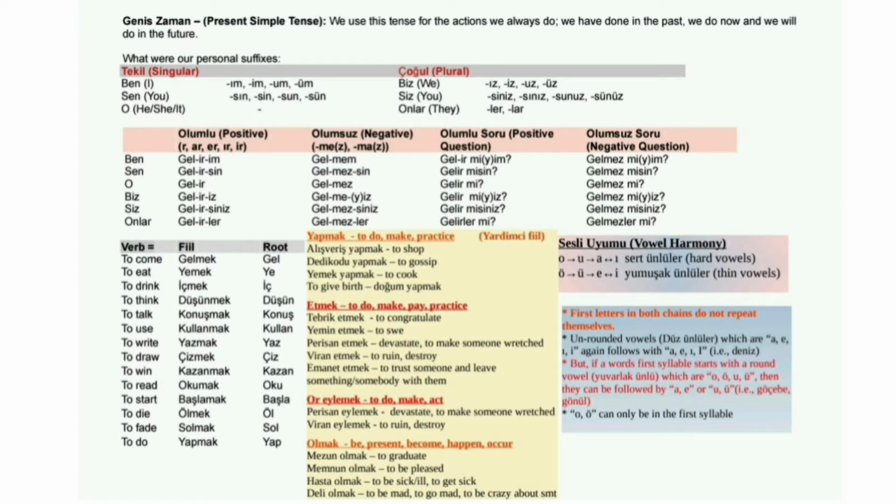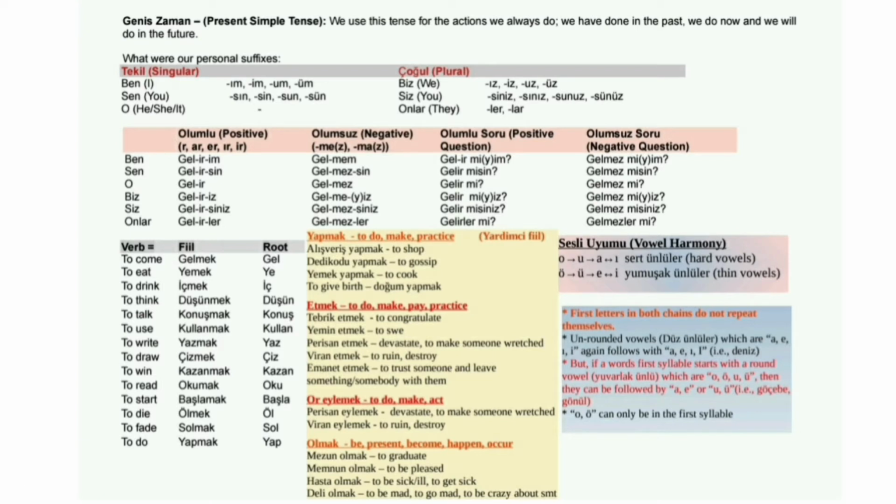Ben gelirim. Gel, im. After L, because it is ending with a consonant, we have to add a vowel. According to our vowel harmony, this is becoming ir. Then the personal suffix im again follows the same rule.